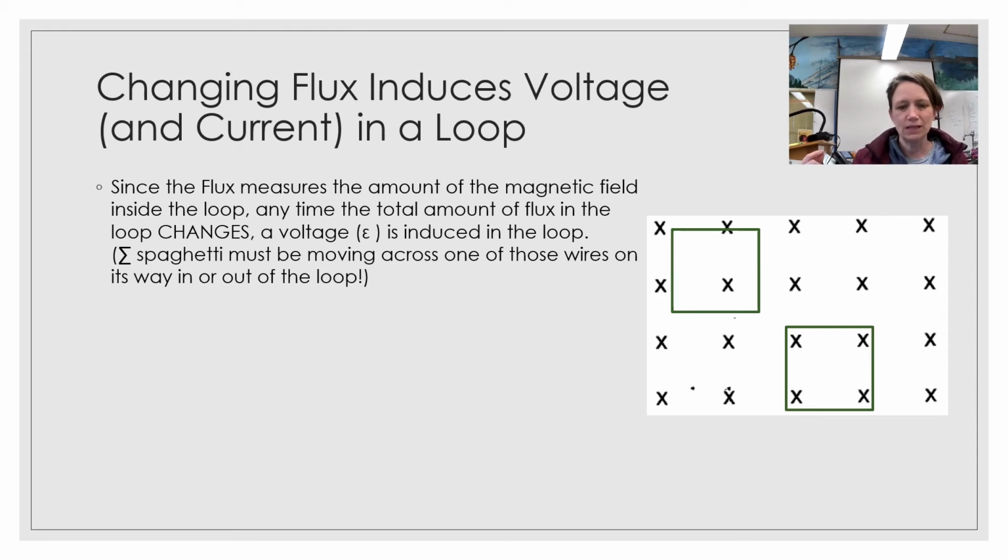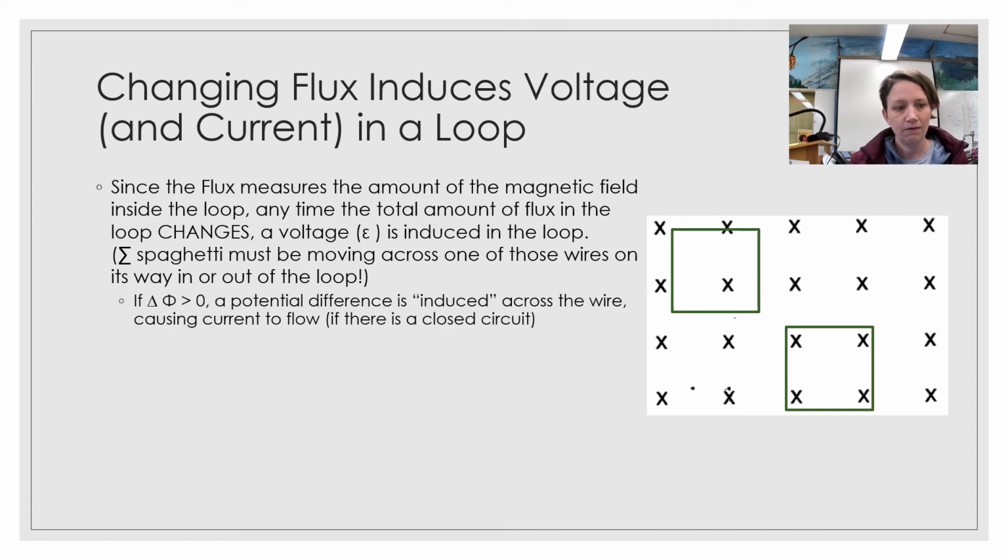In other words, we have to have a change in the number of spaghettis poking out through that wire. Spaghetti has to be moving either in or out of the loop as a whole. If the amount of changing flux is more than 0 in any direction, then we will induce a potential difference across the loop of the wire, and we're going to have current flowing if there's a closed circuit.